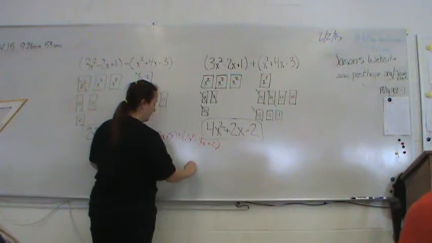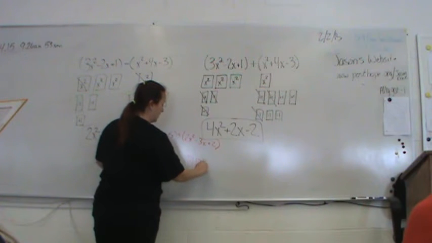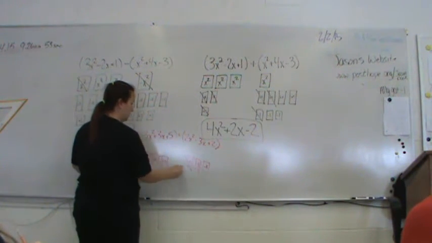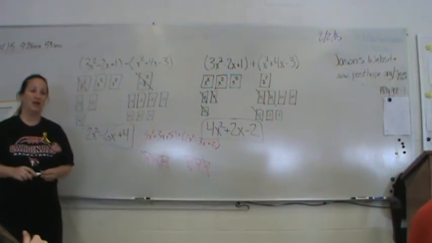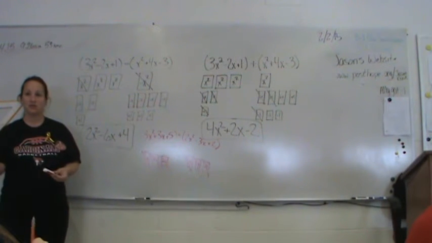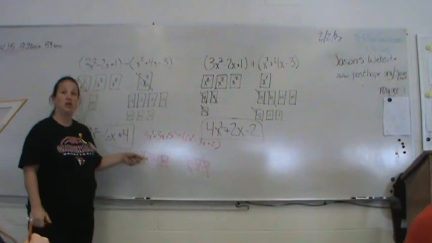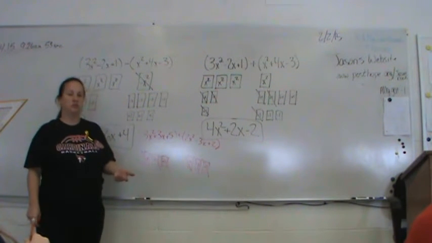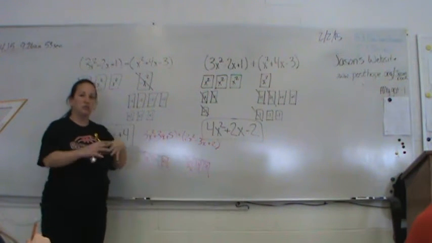Over here, I have a negative x, negative x, negative x. Cancels, cancels, cancels. In my answer, I won't have any x's because they're gone. You can write 0x there, but you don't have to. So if they completely cancel out, it's gone.